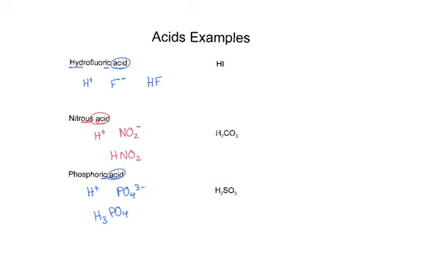Now let's go to writing the name. HI. So this is iodide. So if it ends with "ide," you start with hydro. And then it would be "ic," so hydroiodic acid.